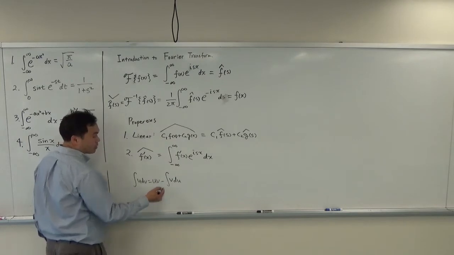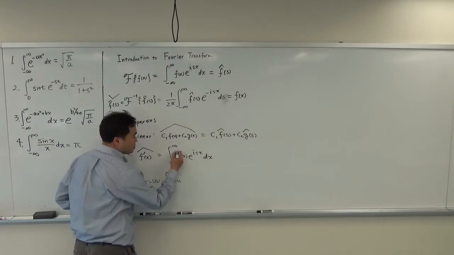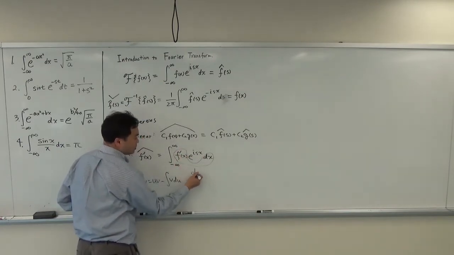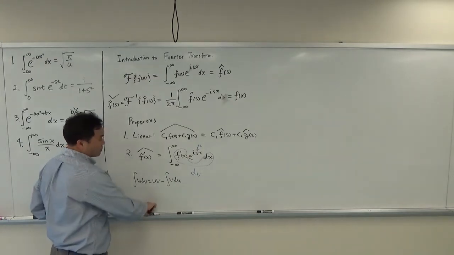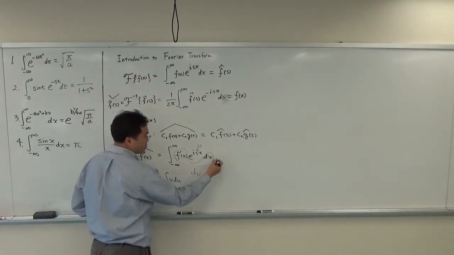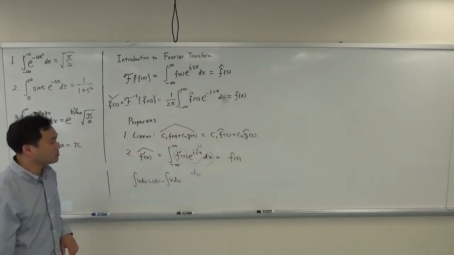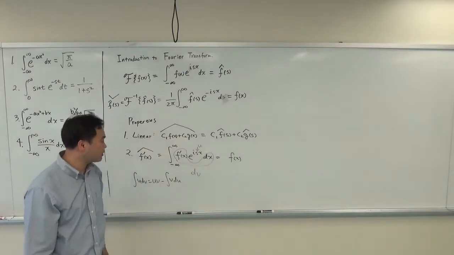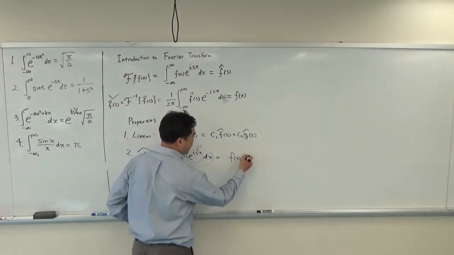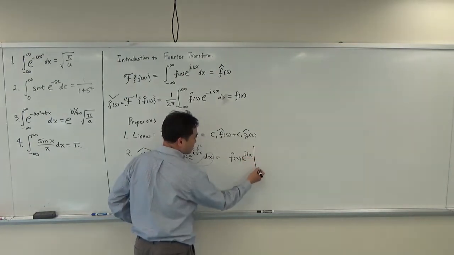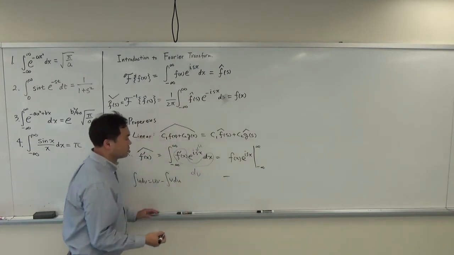If you think about this one as your dv and this one as u, then the antiderivative will be f of x. You still have uv, so this will still have e to the isx, and you have to plug in the endpoints, and then minus.